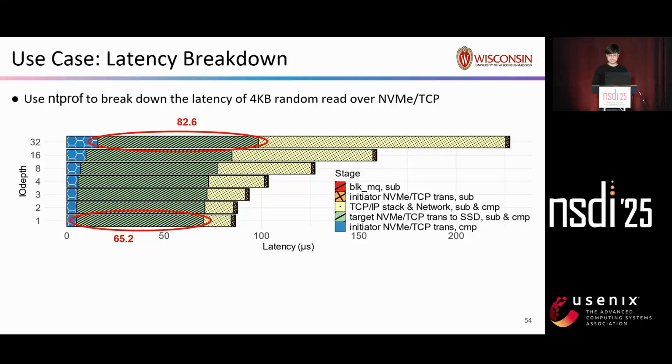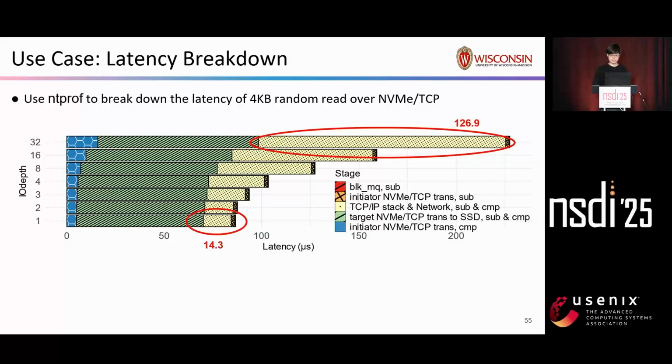As we can see in this breakdown, the time spent on the target side for I/O execution is increased, but only slightly, from 65 microseconds when I/O depth is 1 to 82 microseconds when I/O depth is 32. However, the network part increased a lot, from 14 microseconds when I/O depth is 1 to 126 microseconds when I/O depth is 32. It includes the TCP/IP stack and the network transmission.